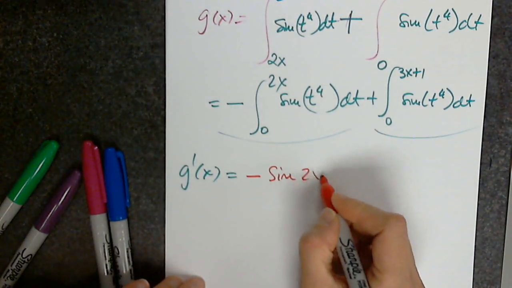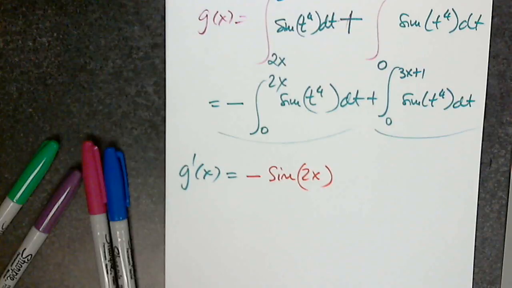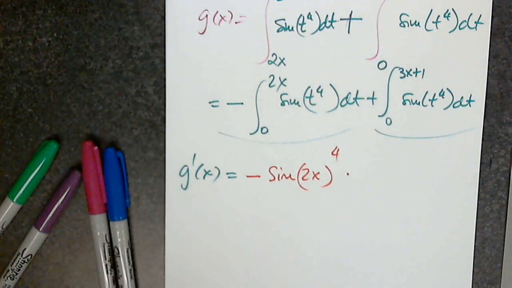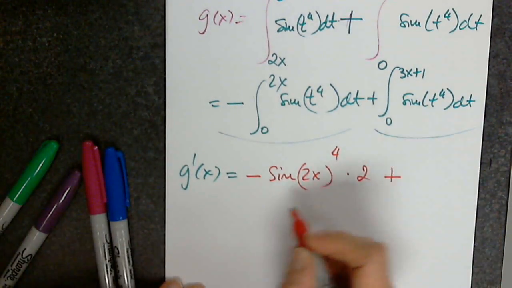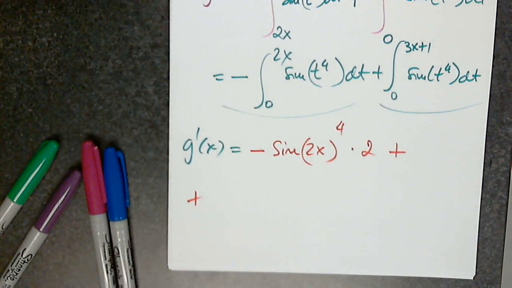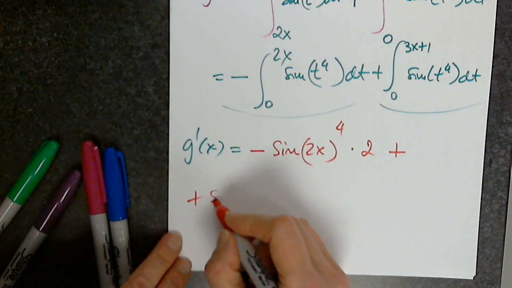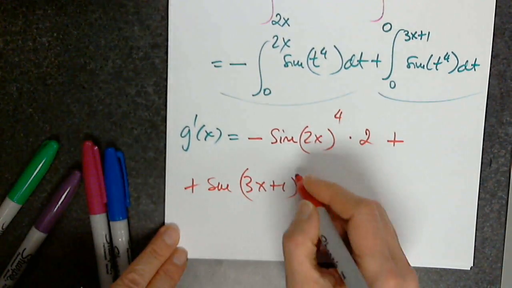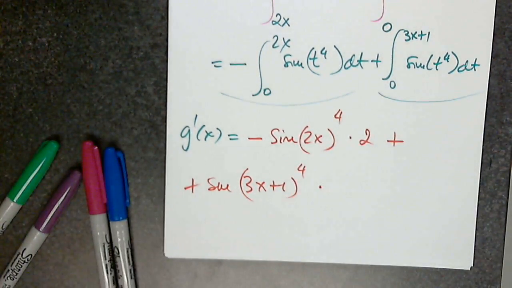I have to write 2x raised to which power? Fourth power, multiplied by the inner function prime. 2, awesome. Plus, I'll come back and simplify it a little bit later. Plus sine of 3x plus 1 raised to which power? 4 indeed, multiplied by the inner function prime. 3.